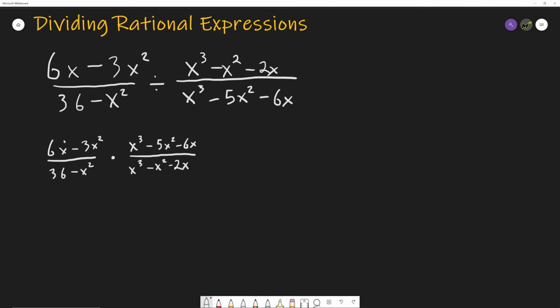So in this top left one, it looks like the GCF, we could take a 3 out, and we could also take 1x out of both terms, leaving you with 2 minus x.